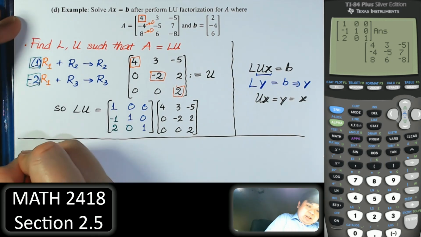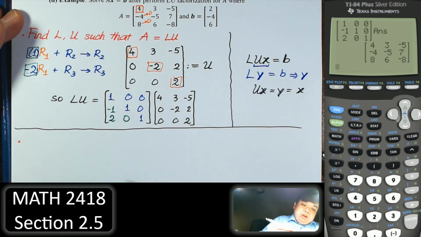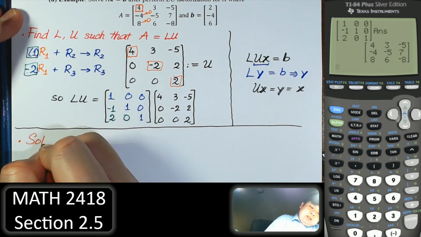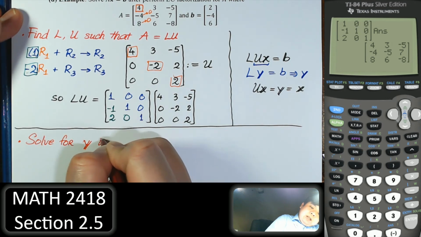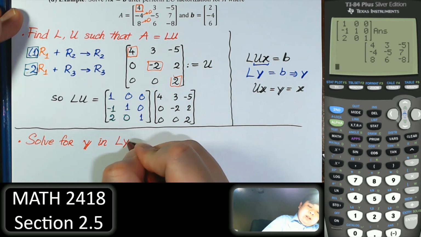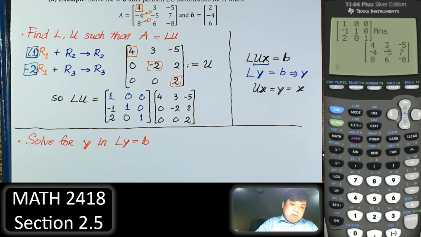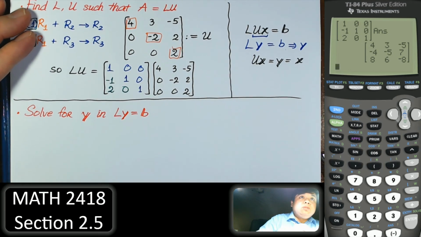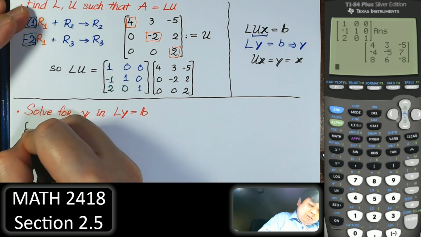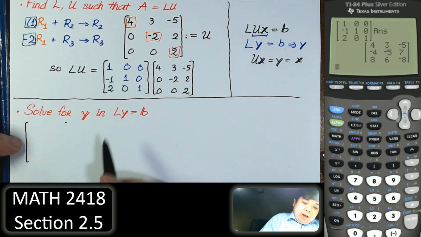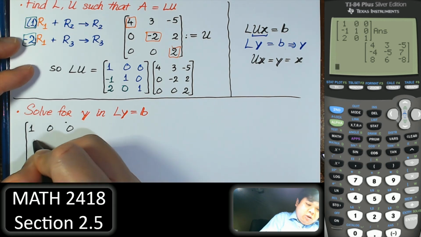So the first step is using Ly equal to b to solve for y. So solve for y in the equation Ly equal to b. L, and this is the fourth step.